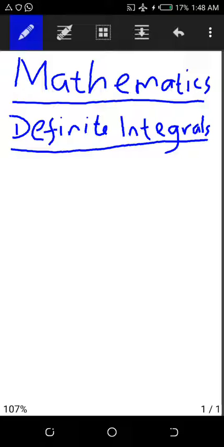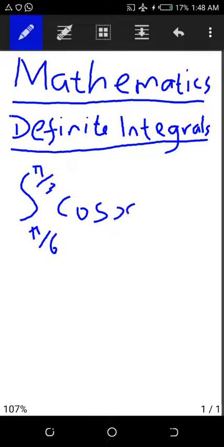We want to evaluate the definite integral of some trigonometric functions. First one, let's say we want to evaluate the definite integral with the upper bound of pi over 3 and the lower bound of, say, pi over 6 of the function cos x with respect to x.